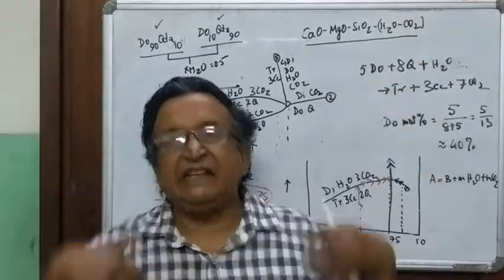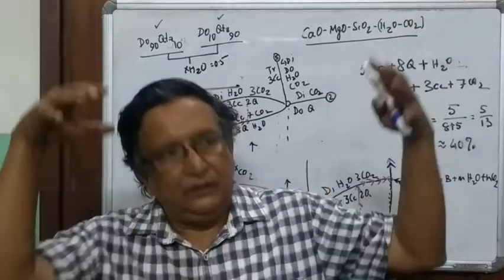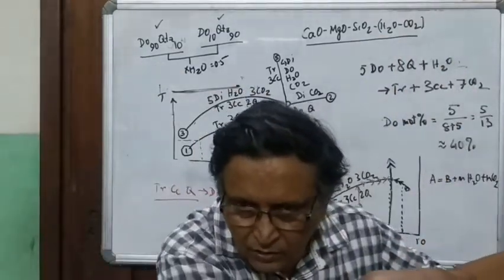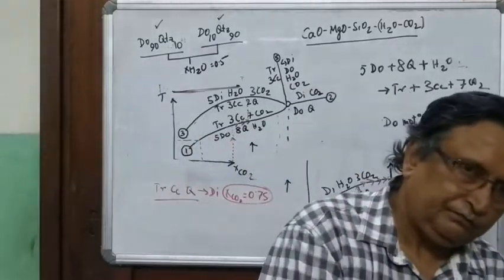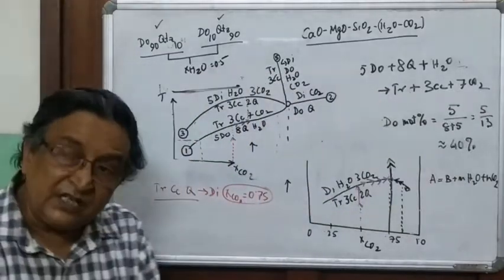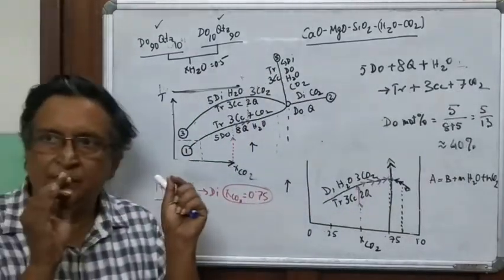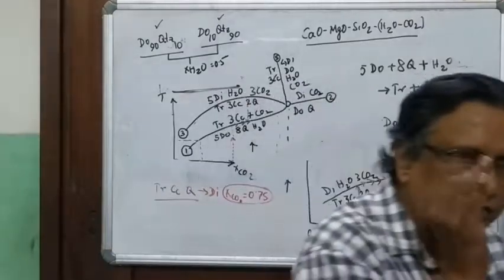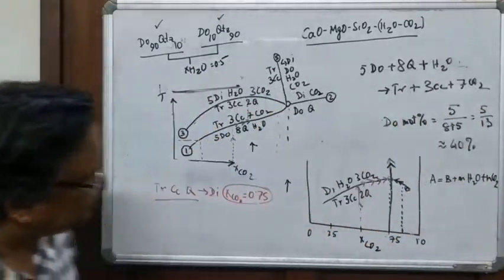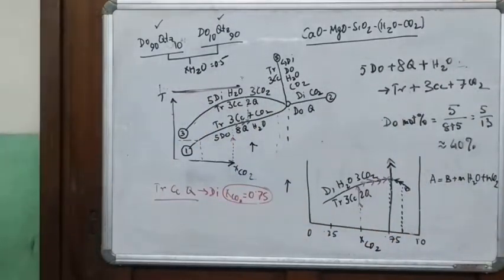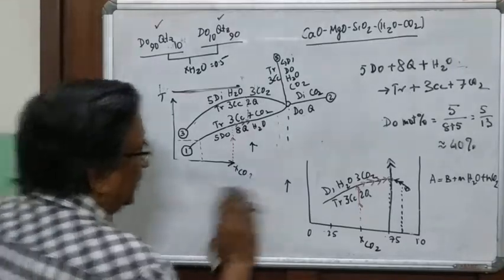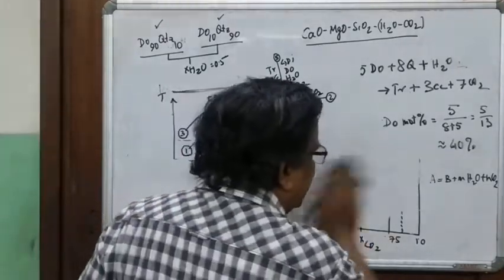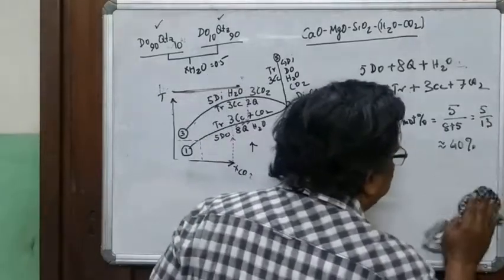These will be dictated by the bulk mineralogy of the rock as well as the fluid composition of the rock. This is very, very crucial to understand. I hope I have made myself clear on this.